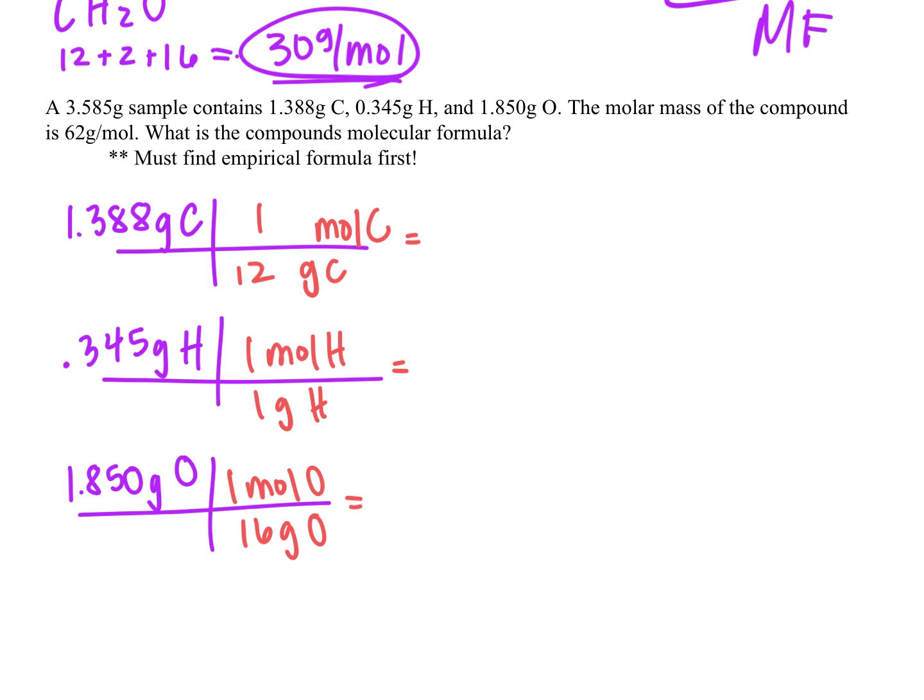In this step, when we convert to moles, should they come out as nice, pretty whole numbers? Not at this step. So we want to keep some decimals here with this step.